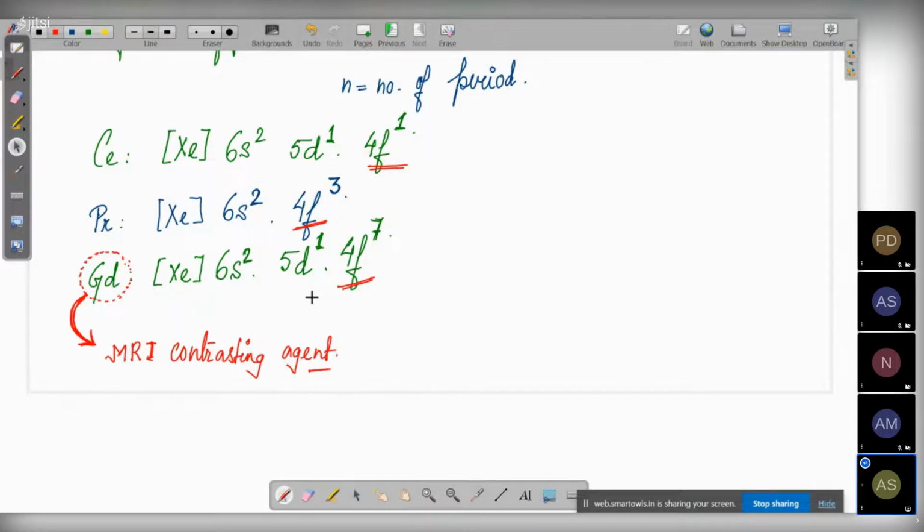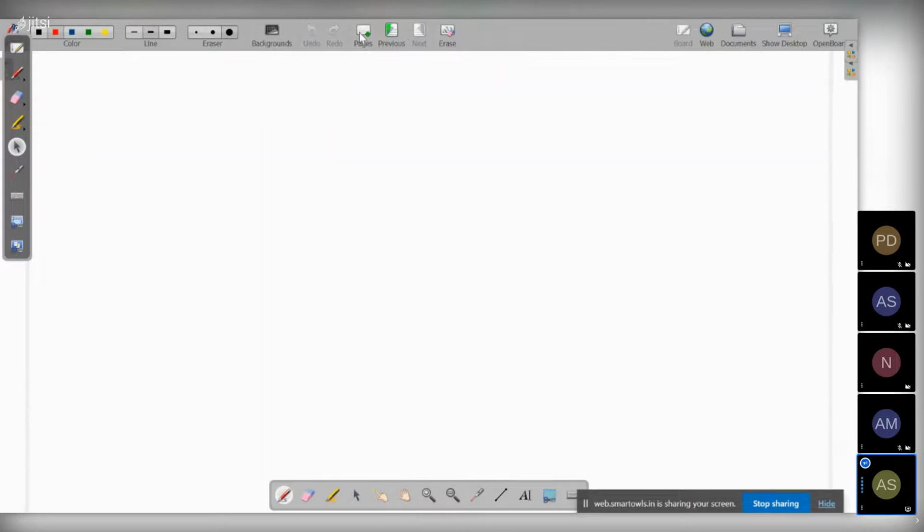Anyways, so now we are going to see the rules for the IUPAC nomenclature. Now this is a very easy thing.